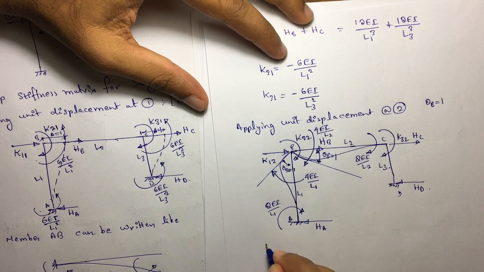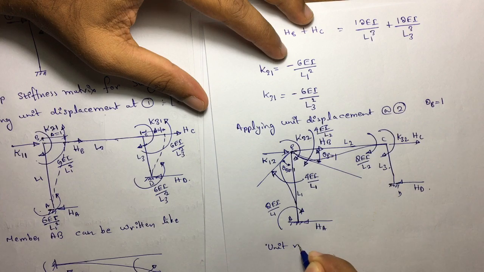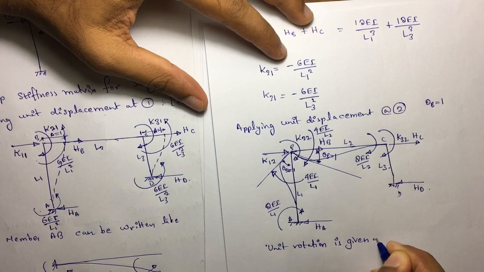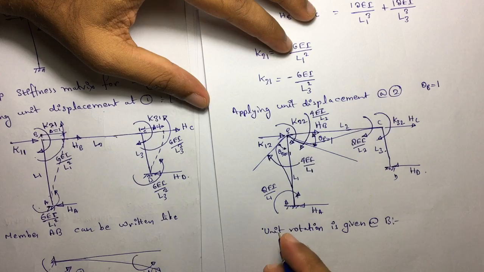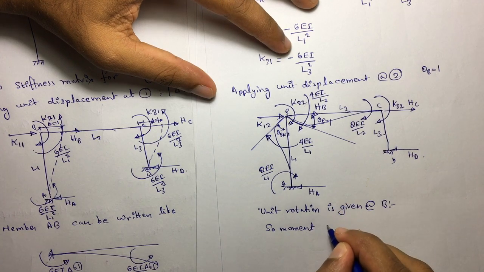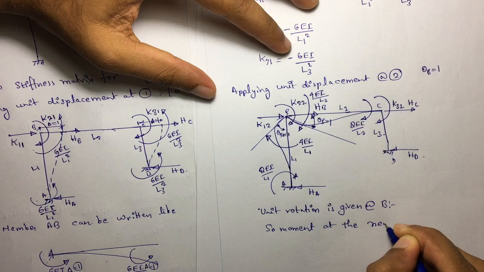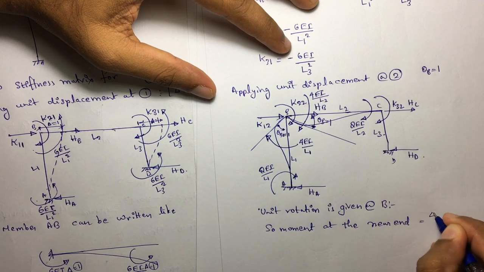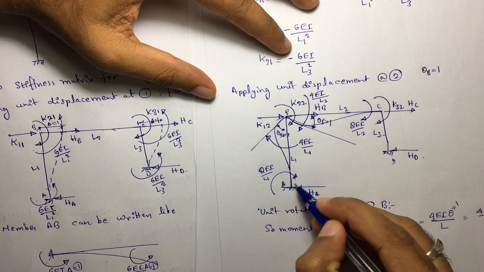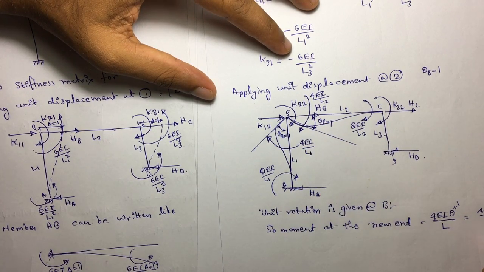So therefore what we did here, unit rotation is given at B. So the moment at the near end is 4EI theta divided by L, where theta is nothing but 1, therefore 4EI divided by L1. In common I will take it as L or L1.